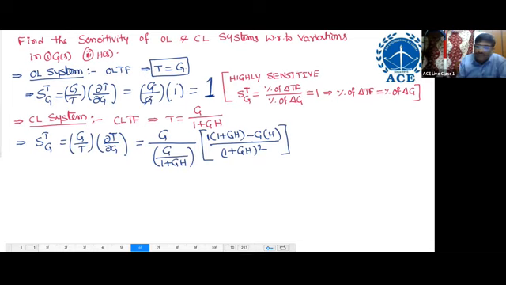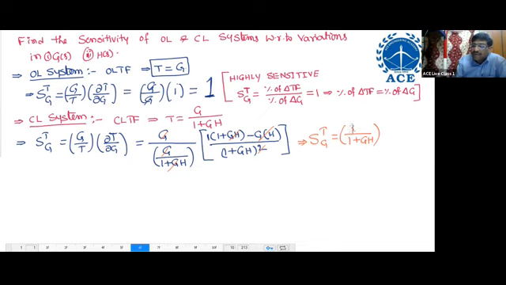Now cancel it. What happened? GH cancels, the square cancels, G and G cancel. What is left? STG is equal to 1 by 1 plus GH.